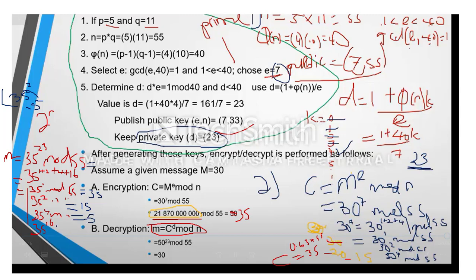Then 35 to the power 16. You can simply say 35 to the power 4 raised to the power 4.